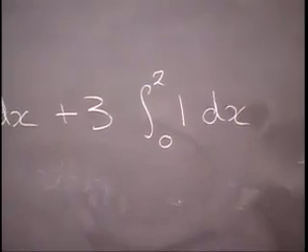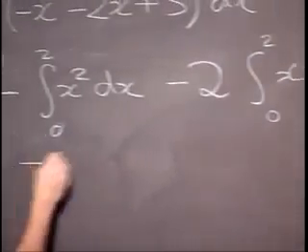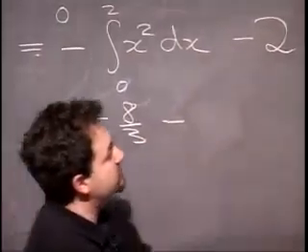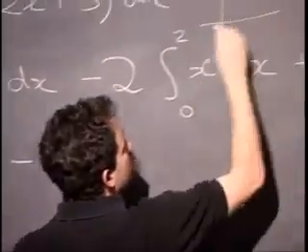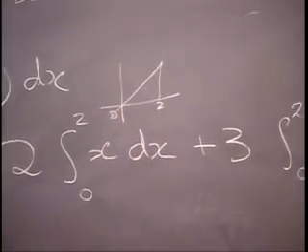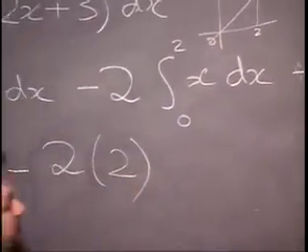If we work this out, we already know this is 8/3, so you get negative 8/3. The integral of x dx, remember this is a triangle, 0 to 2, so it was a 2 square unit triangle. So we don't need calculus for that.